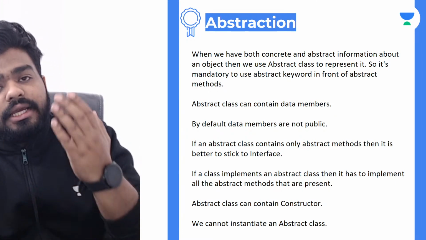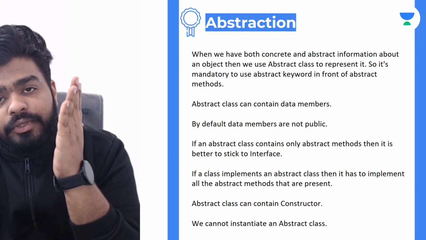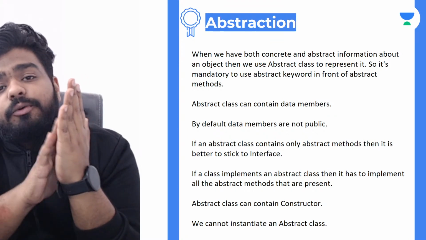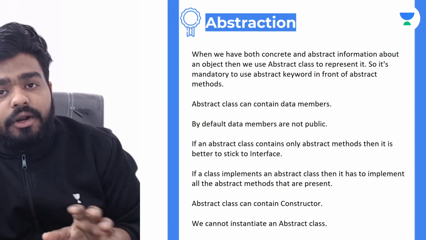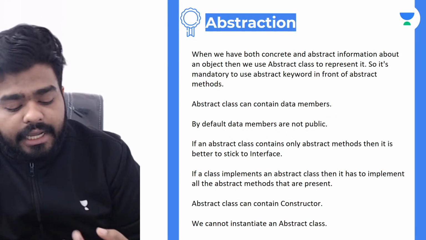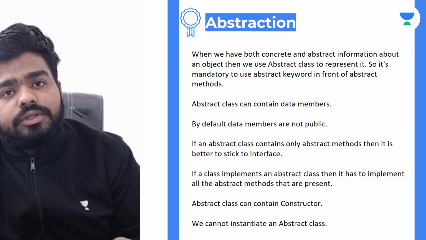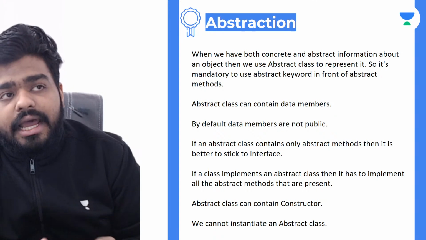Now suppose in that blueprint, which I was calling a class, some information is there and some information is not there. Like I know the car's height, I know the car's weight, but I don't know the width, I don't know the color, I don't know the exact style, I don't know how it will be created, I don't know the properties.